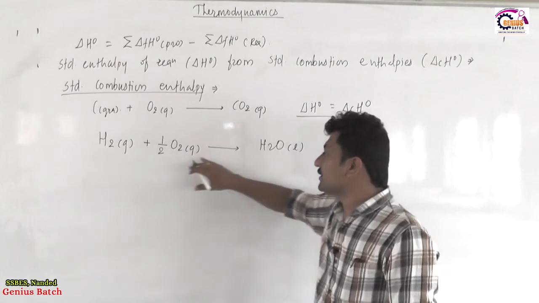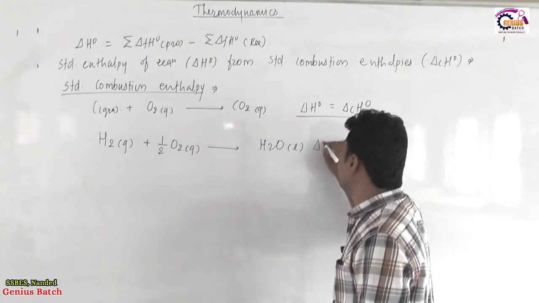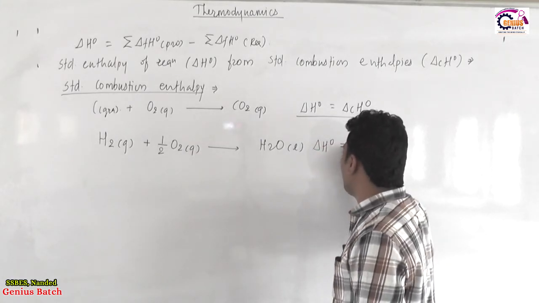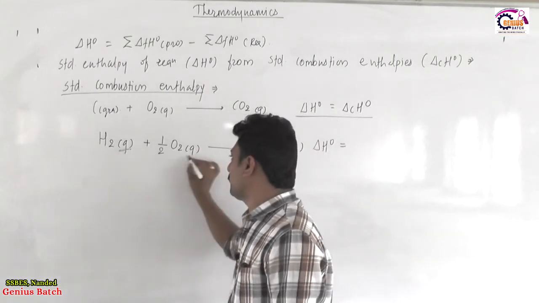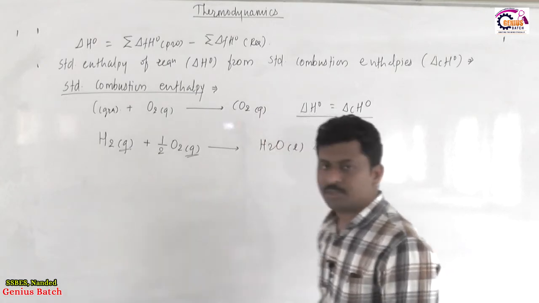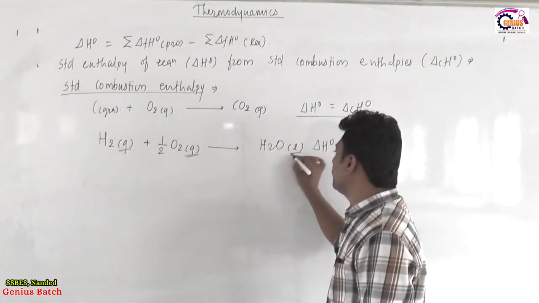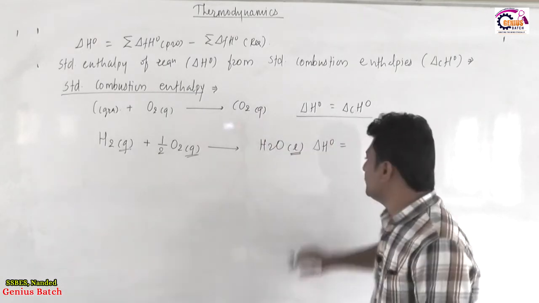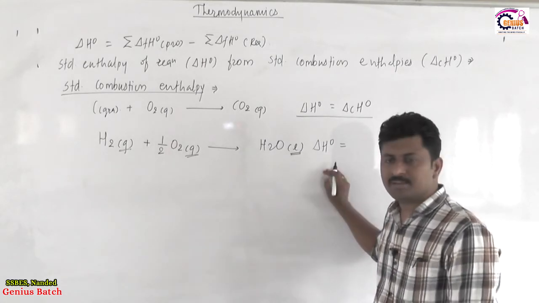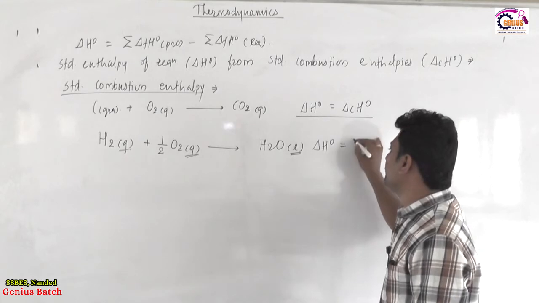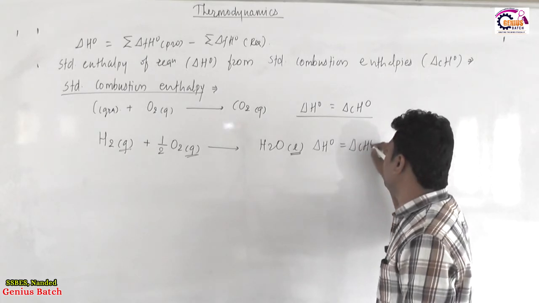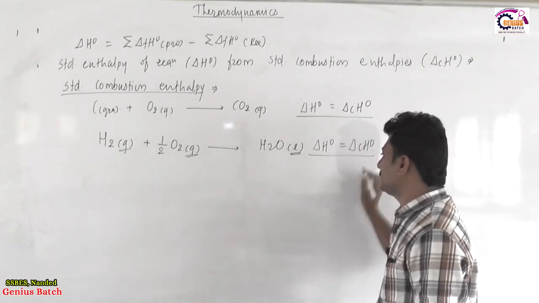So, this reaction can be called a standard combustion reaction because all the components are in their standard states. Hydrogen and oxygen are both gases and water is a liquid. So, this reaction is actually a standard state reaction. It is a combustion reaction, therefore, the enthalpy change will be called the standard combustion enthalpy of the reaction.